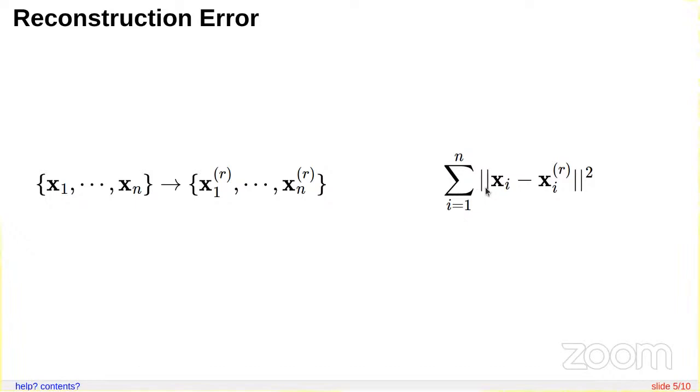This is something that we always need to remember, right? xi is some point and xi superscript r is some other point in d-dimensional space. If d dimensions are hard to visualize, we'll stick to R2. This is some point in the plane, and this is some other point in the plane.